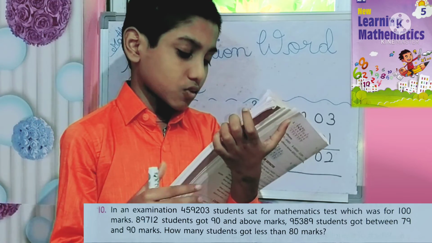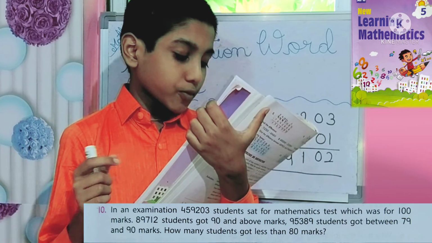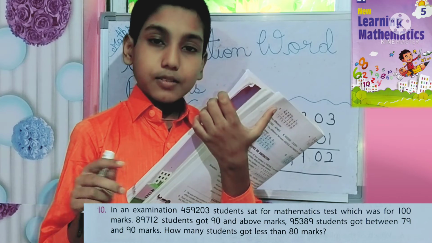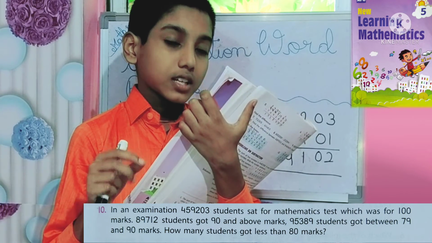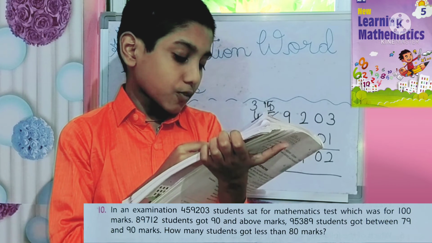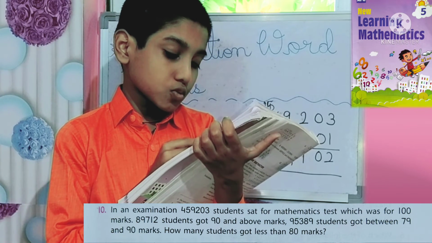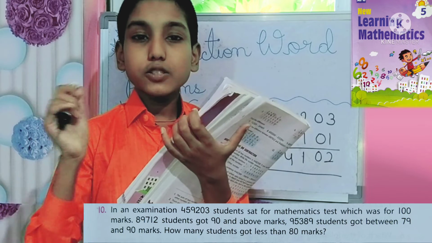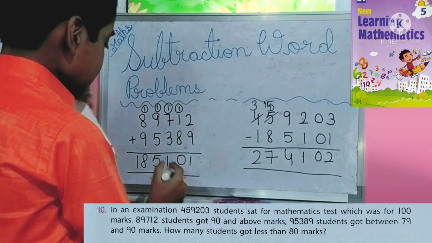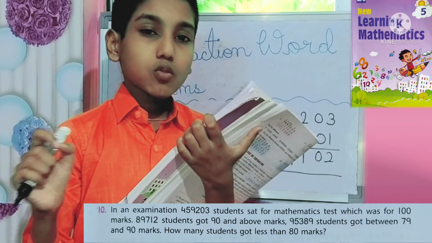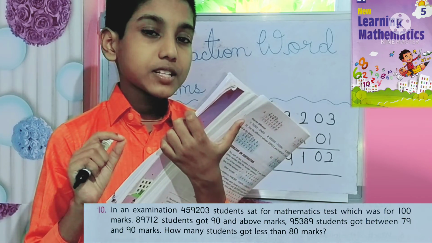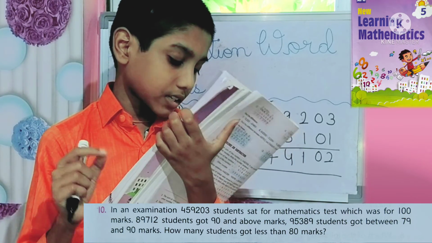I am explaining this question once more. First we have to add the students to get the total. Means first we have to add 89712 students and 95389 students. Then we will get the total students who got 90 and above marks and between 79 and 90 marks.